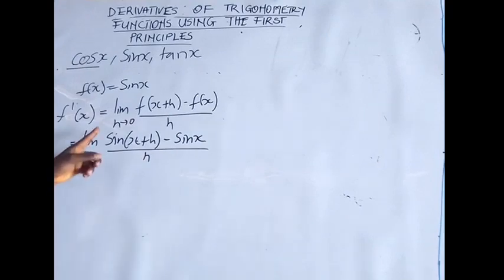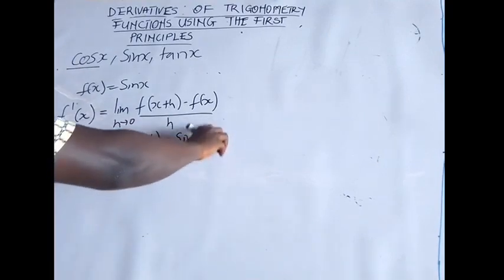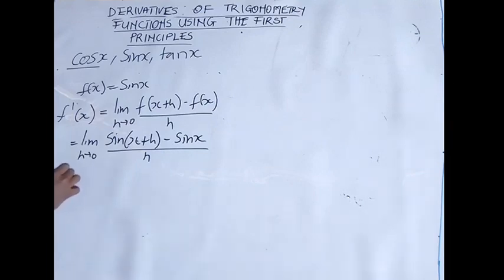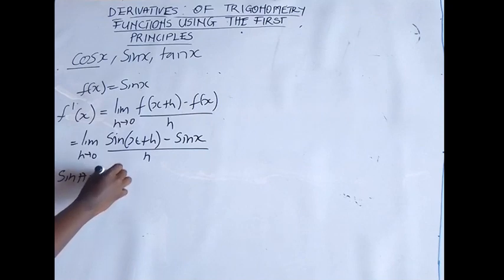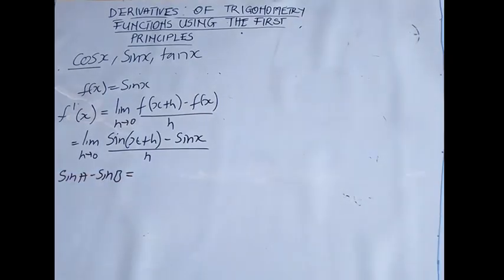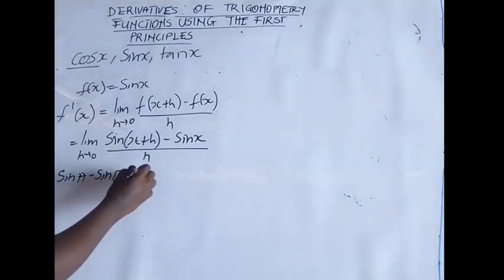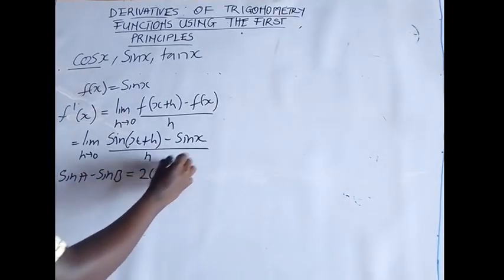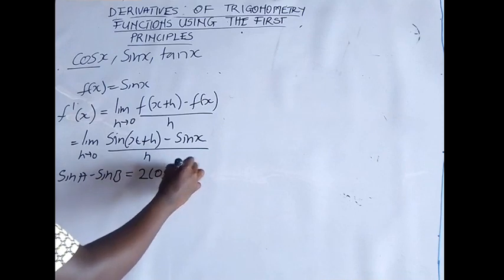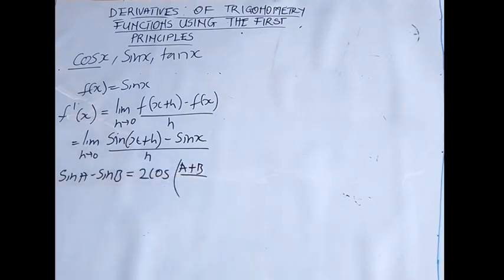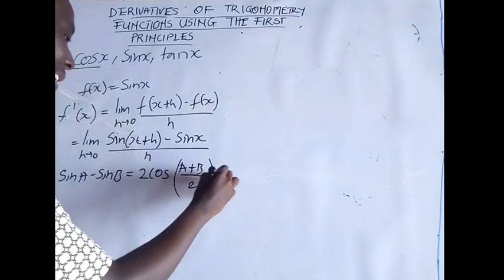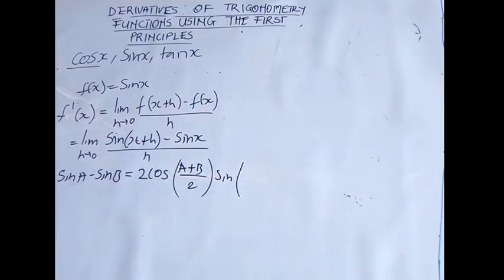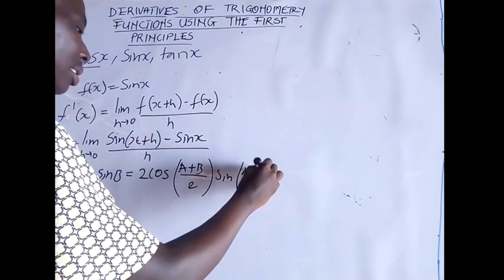So there is also an identity for sine, which states that sine A minus sine B is equal to 2 cos of A plus B all over 2 sine of A minus B all over 2.